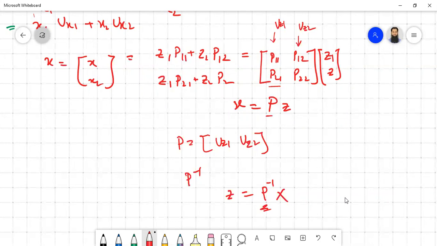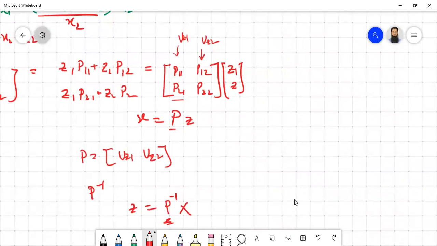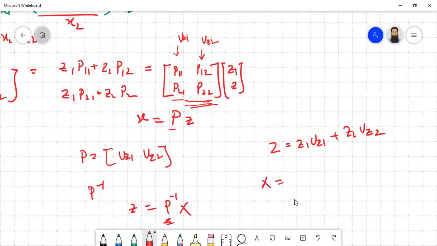Another way to see what we have stated here is that the coordinates of Uz1 and Uz2 are the columns of your P matrix. That can also be verified using this: X equals Z, so z1 Uz1 plus z2 Uz2.